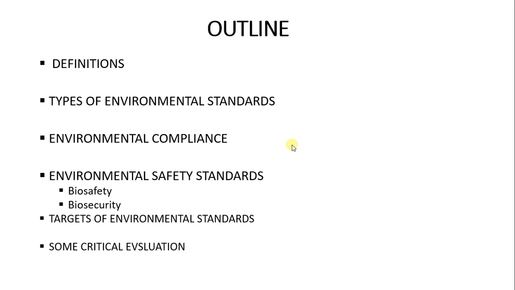The next one is biosecurity. Biosecurity refers to measures that are taken to stop the spread or introduction of harmful organisms to humans, animals and plants. Like what happened at Wuhan.